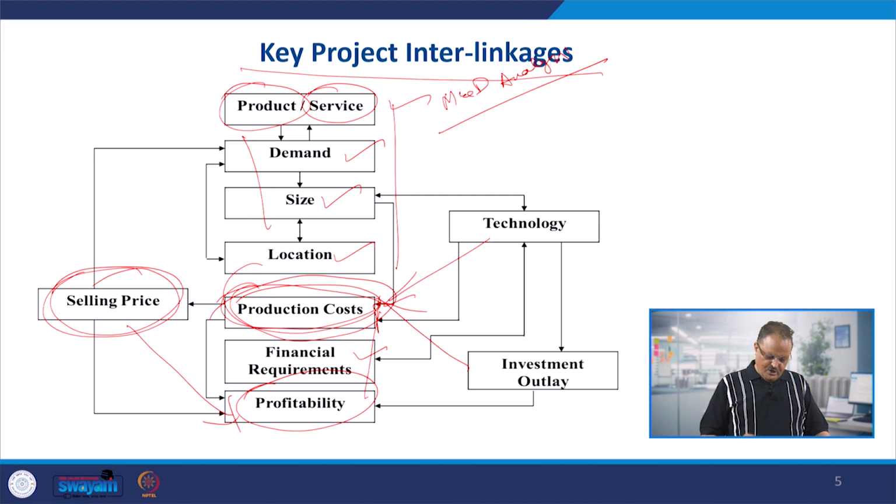Profitability will depend upon the cost, which will depend upon all these factors, and finally, whatever the production cost is, accordingly you are going to decide the selling price. And if you are able to get that selling price from the buyers of your product or service in the market, certainly you will be able to have sufficient profitability.